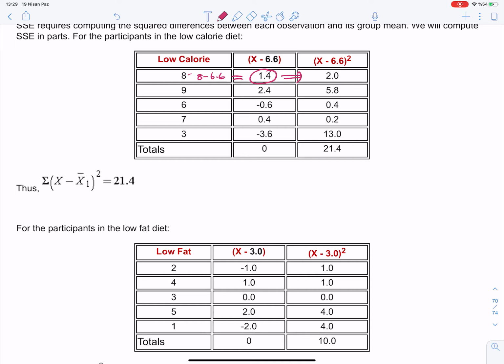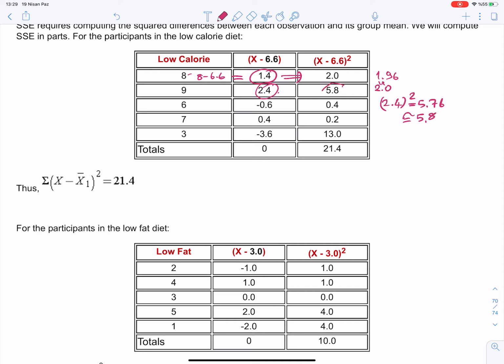1.96. If you round it to one digit, it is 2.0. And the next one is the square of 2.4, which is 5.76. Rounded to a single digit, it is approximately 5.8.